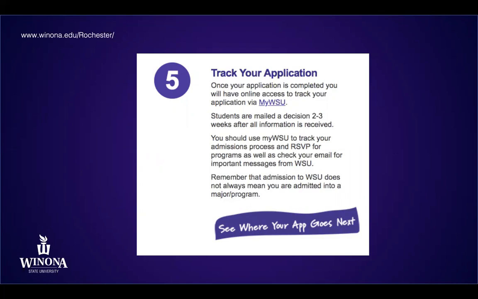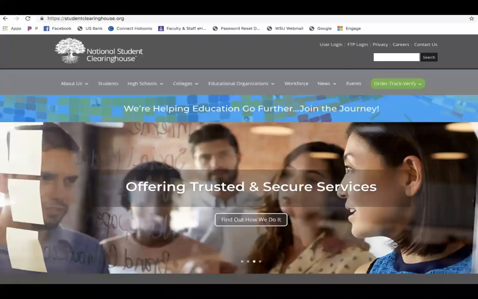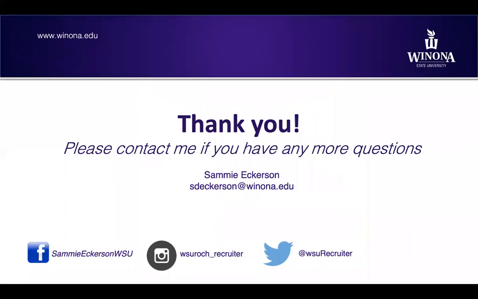But you can track it at this My WSU page, and that always is a good way to get reminders if we need information from you as well. A good way to submit transcripts is the National Student Clearinghouse. So just go to studentclearinghouse.org if we need any transcripts from you.